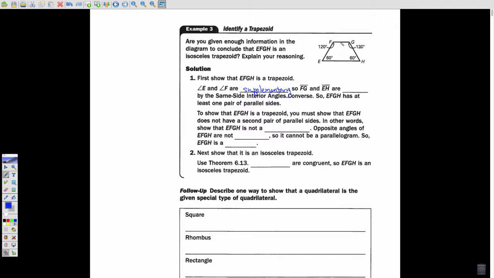So therefore, FG and EH must be parallel by the same-side interior angles converse. So we have at least one pair of opposite sides that are parallel. Remember, we call this the top base and this the bottom base.